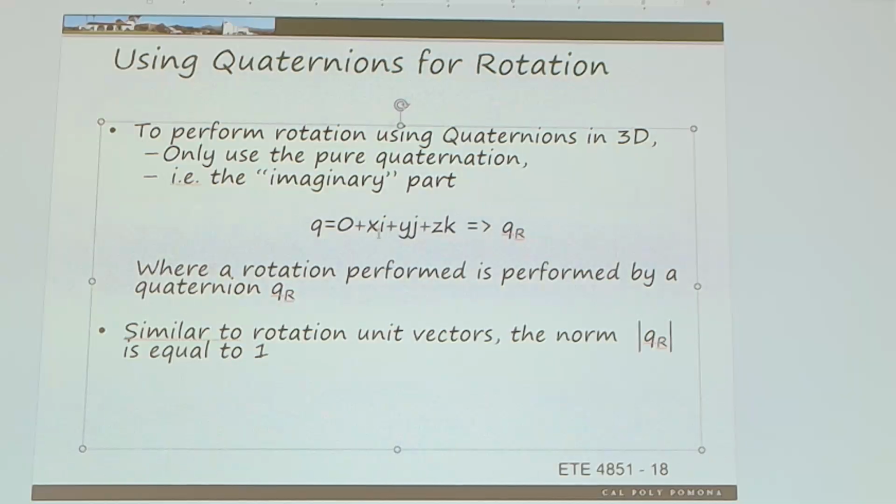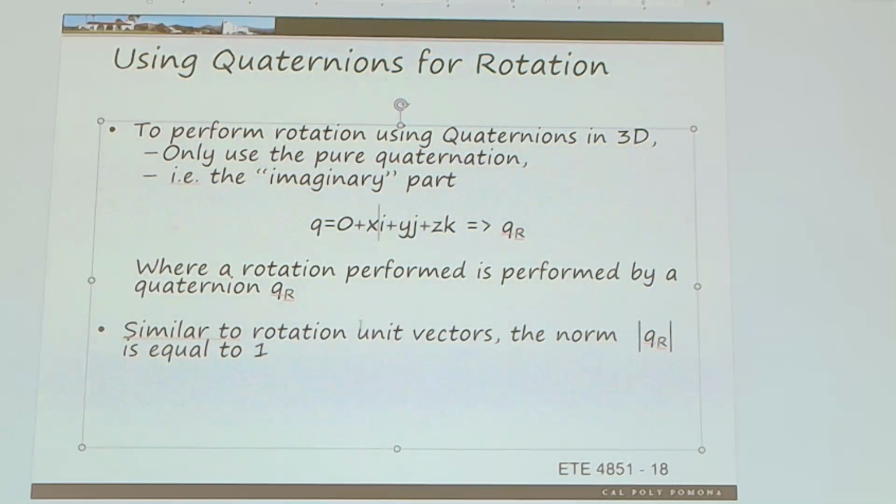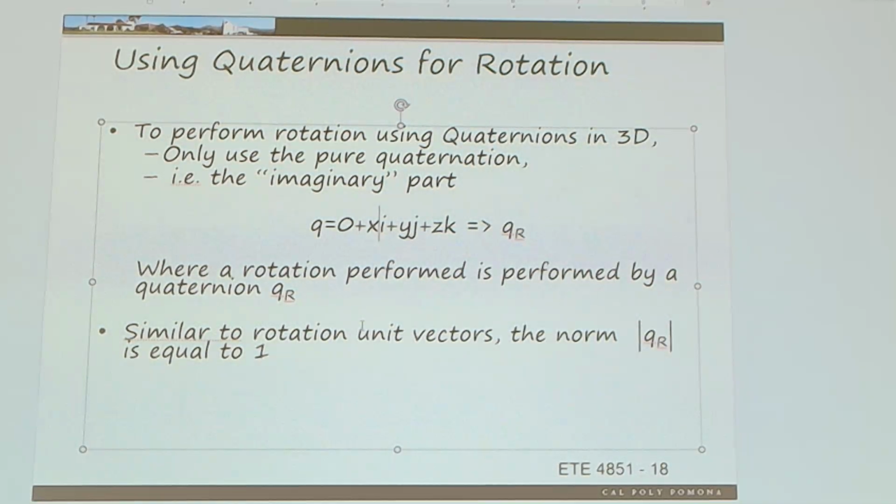Everybody with me so far, still? Wait. So don't think of IJK as like a position. Correct. Because it's not a coordinate. It is in quaternion space. A, B, C, and D are values in their own space, the four-tuple quaternion space.